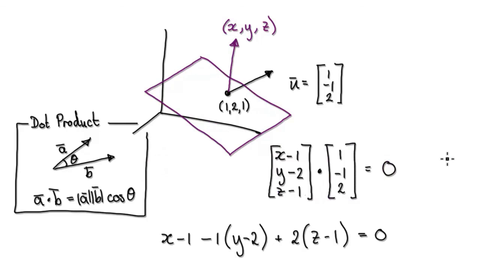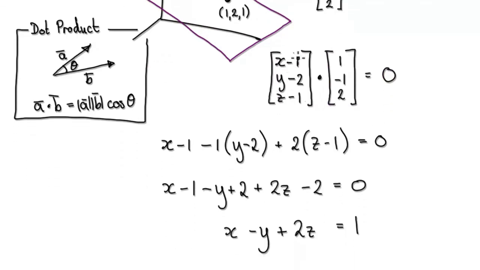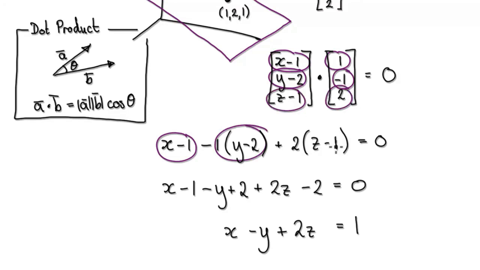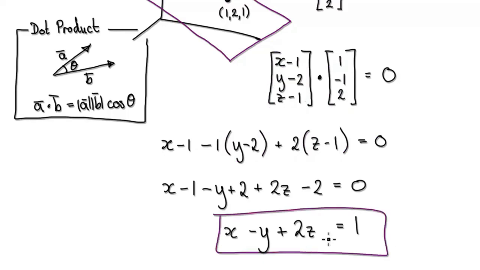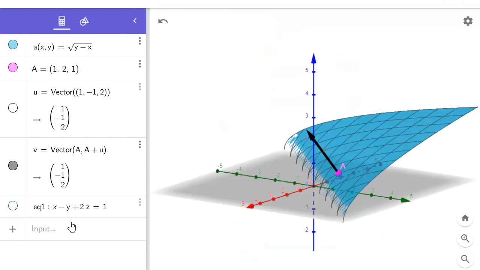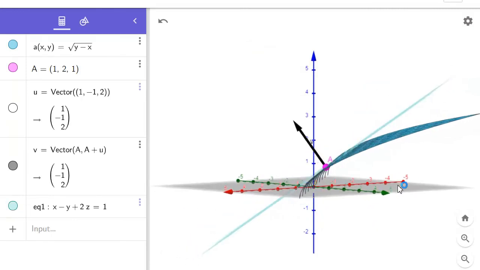Now compute the dot product. It will be this times this plus this times this plus this times this equals 0. Tidy this up, and it will give you this. Punch this into GeoGebra, and it will give you your plane that is tangent at that particular point.